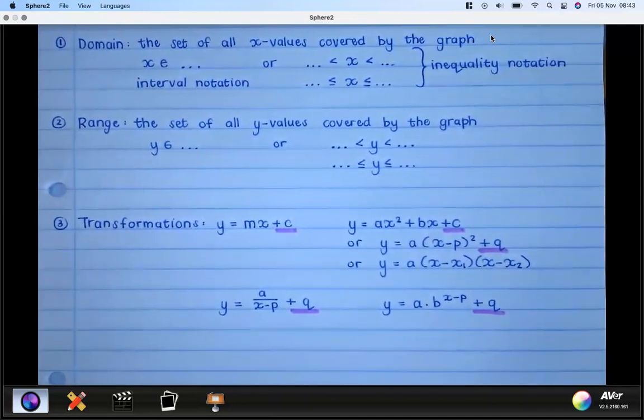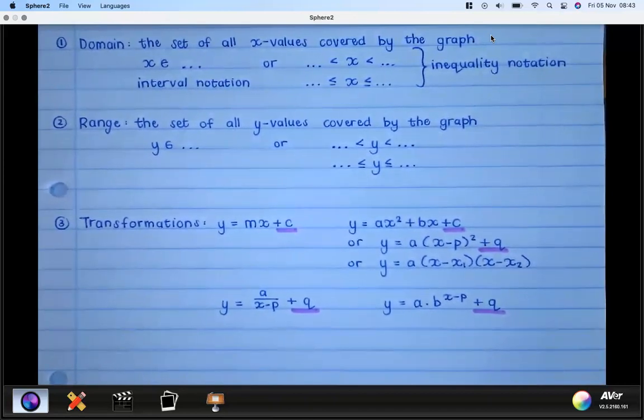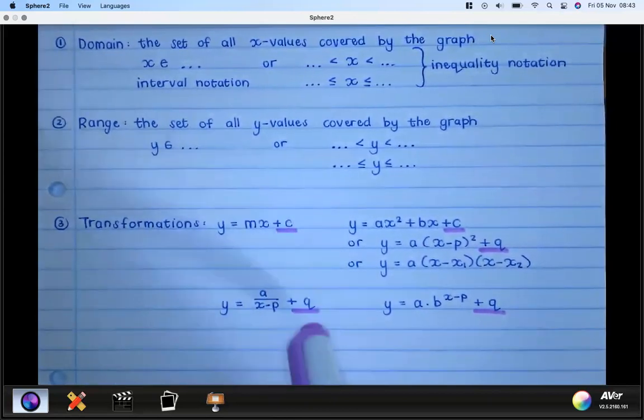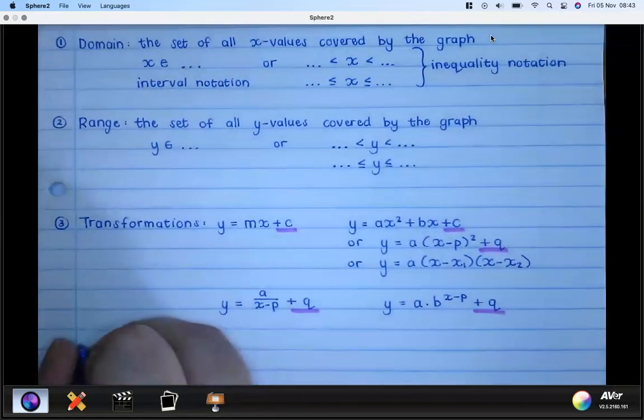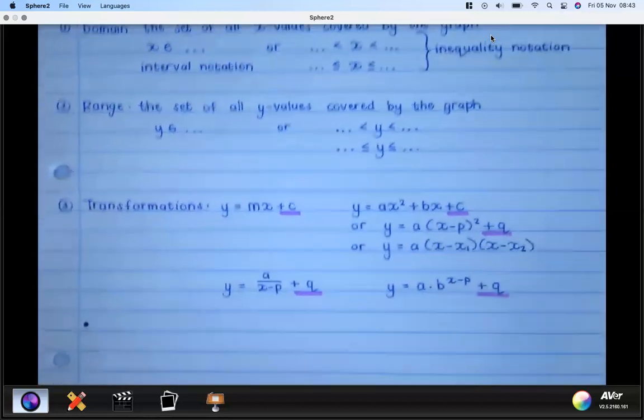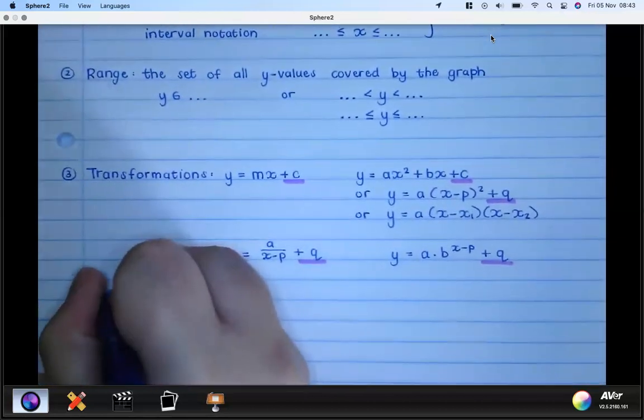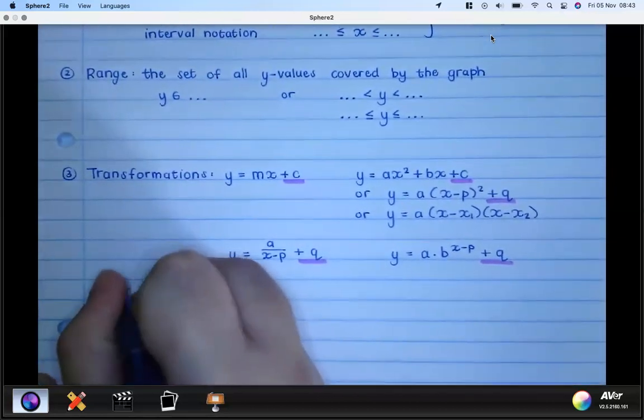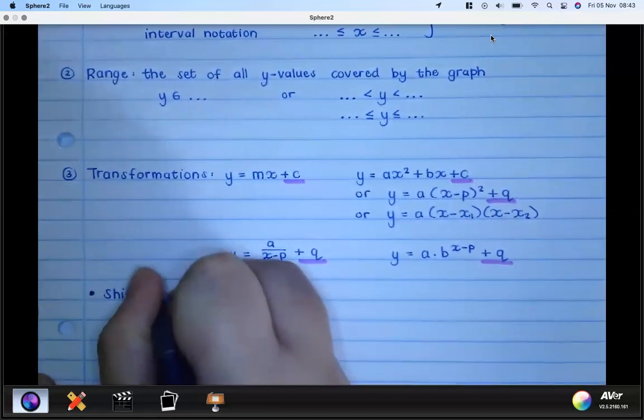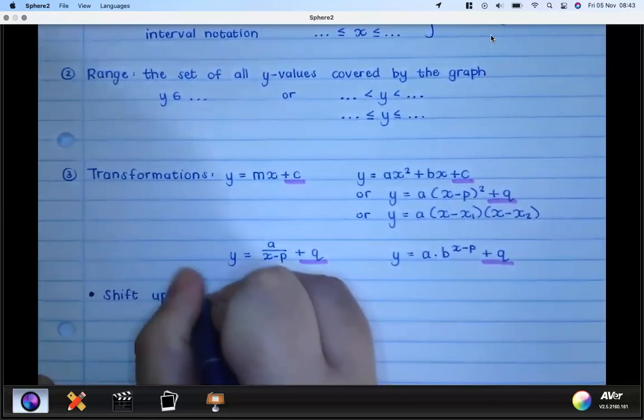So now if they've given you the equation of a graph and they are saying that this graph is now shifting 2 units up, give the equation of the new graph. You are going to add 2 to whatever your constant term was. All right, so that is the first one, the easiest one, I suppose: a shift up or down.